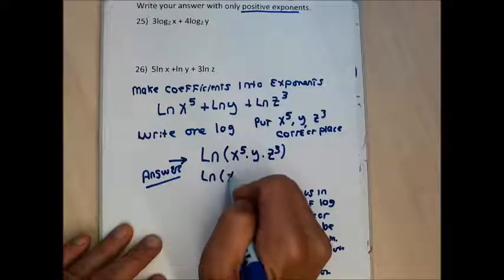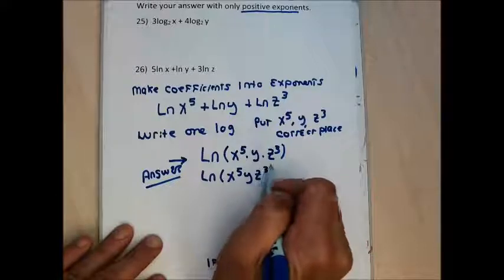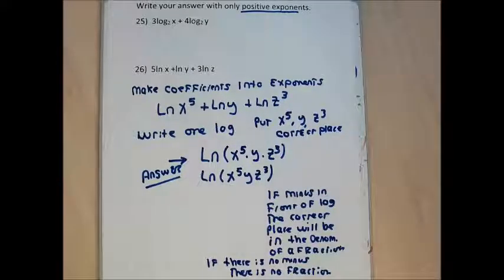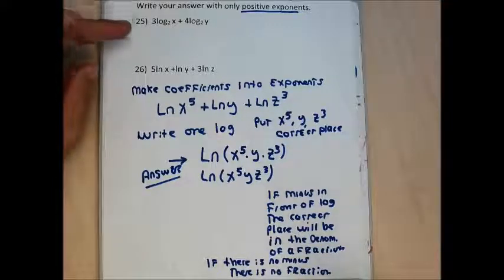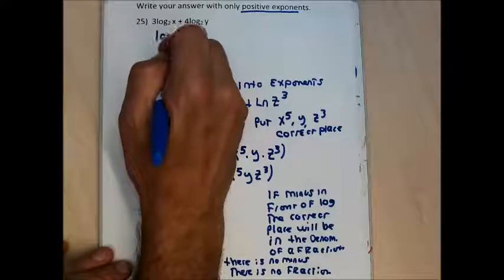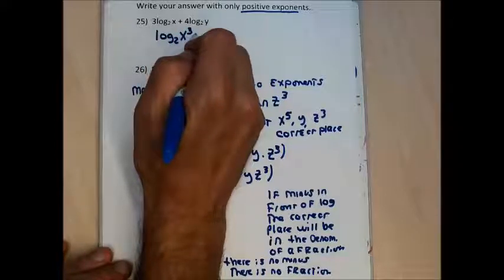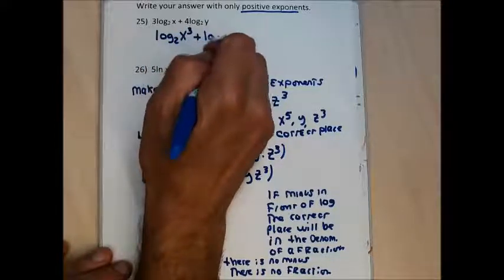If I would have just written x to the 5th times y times z cubed, without the times sign, the times would still be implied. So I'm going to do exactly just backwards from our problems. Your problem 25 is a lot like this. Let me just do it real quickly. Your problem 25, the first thing you would do is you'd make the numbers in front of the logs into exponents.